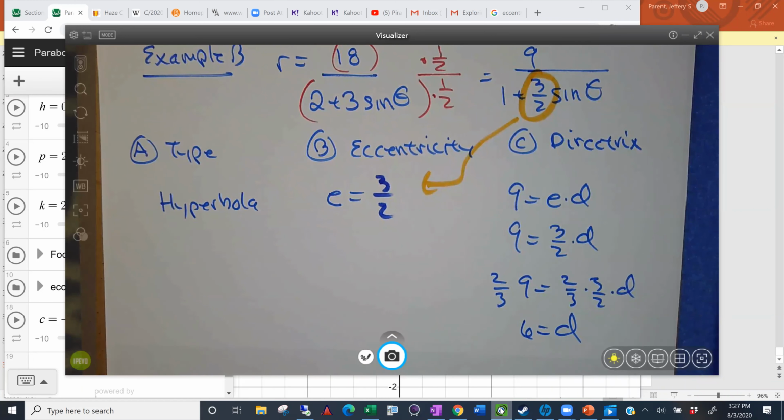Not bad. But we're not quite done here. That's just telling me what D is. It's not giving me the equation.